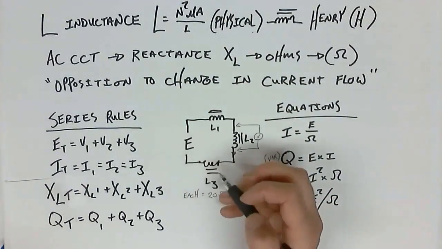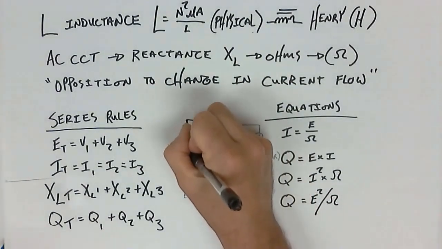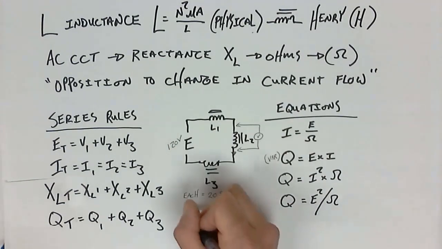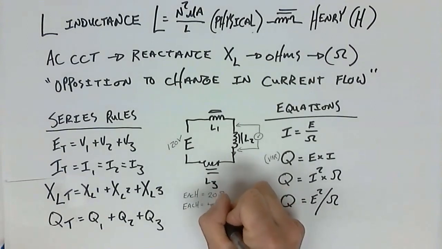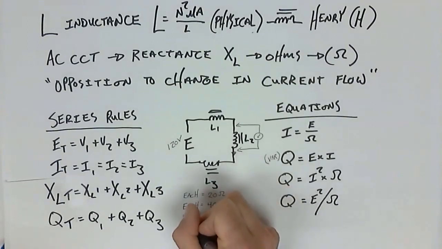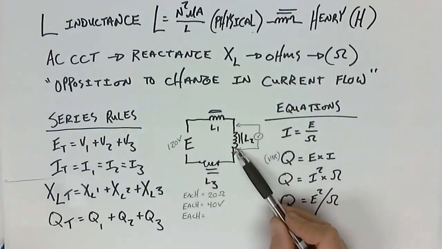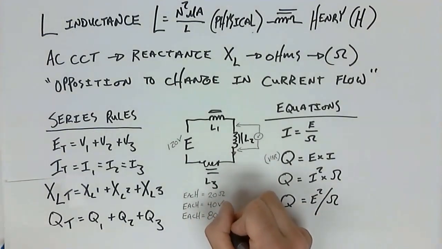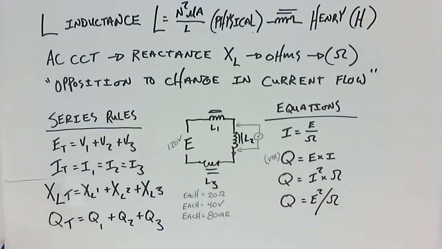Then the voltage, let's say the voltage is exactly the same as the last example, 120 volts, would that then mean that the voltage across each of my inductors would be 40 volts? And the reactive power that would be stored and released by each inductor would be 80 VARs. And then finally, the total current would still be 2 amps.